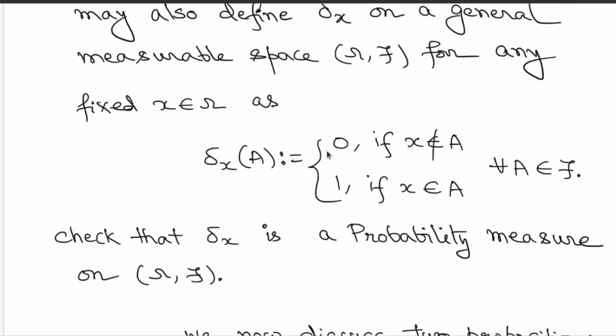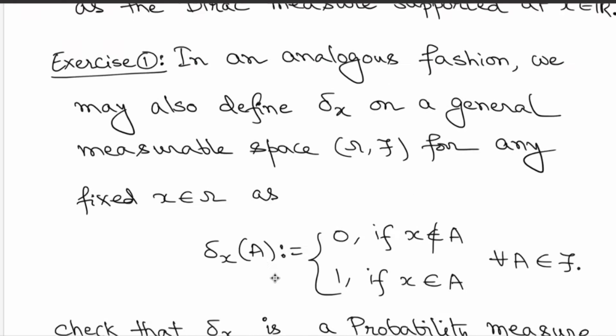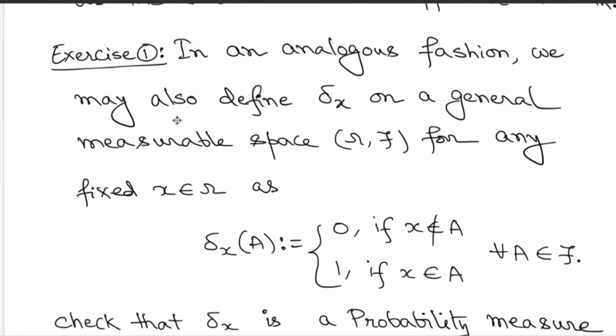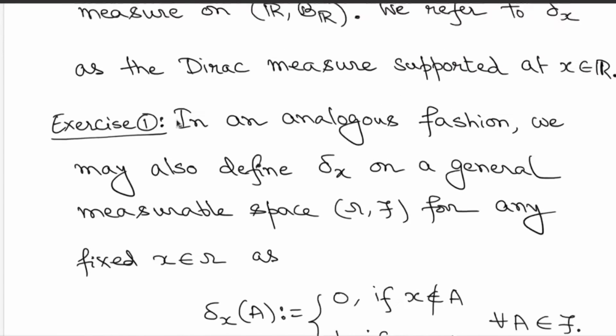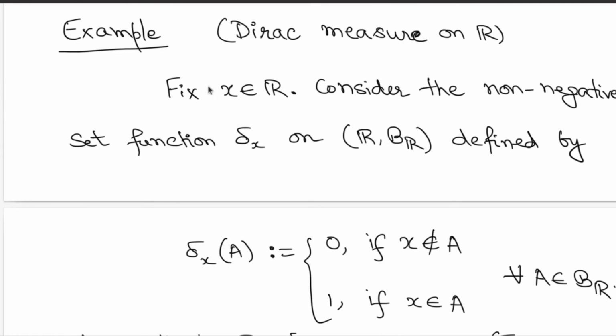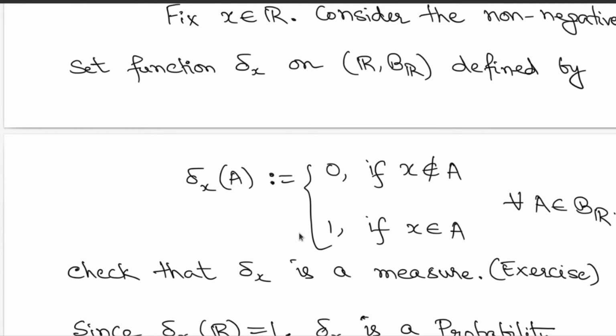And it will turn out that the Dirac measure delta subscript x is a probability measure. Again, please check that this is countably additive and the size of the whole set omega is also 1. This is left as an exercise for you. So the notion of Dirac measures can be extended to arbitrary measurable spaces, but most often we are going to restrict our attention to the real line as defined earlier. We are going to look at this kind of structure throughout the course.